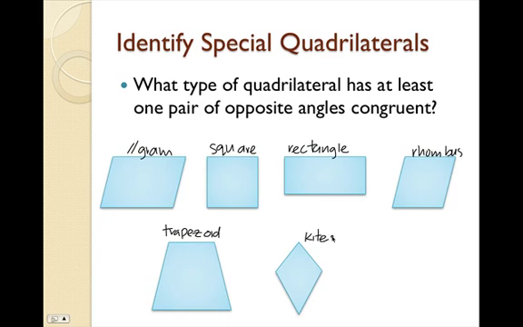We've got to figure out what type of quadrilateral has at least one pair of opposite angles congruent.